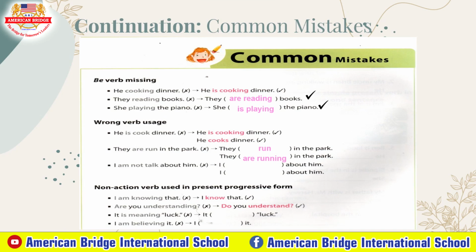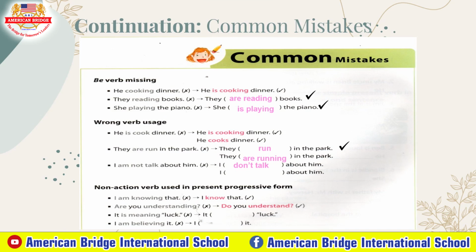Now, last exercise or last example for wrong verb usage is I am not talk about him. Yeah, you can see already that this sentence is incorrect. Now, let's correct this sentence. I don't talk about him. What else, everyone?